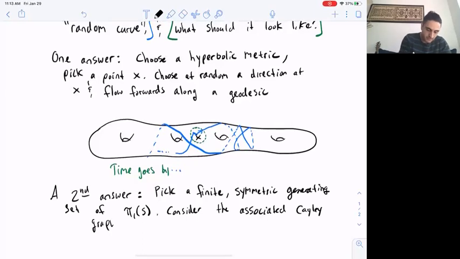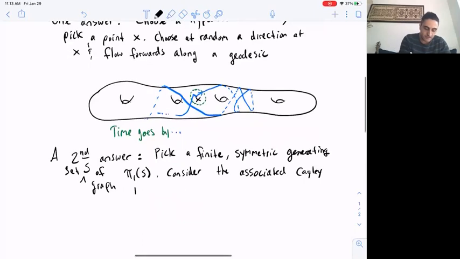I should have called this generating set something, so I will call it capital S. And once I do that, I can call the Cayley graph something that refers to that generating set. I shouldn't call it S, that's the surface. Let's call it, I don't know, sigma. So here I have the Cayley graph with respect to this particular choice of generating set.